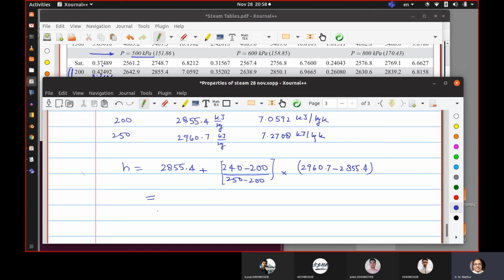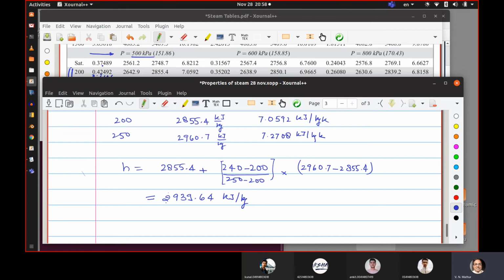It's 84.24, and this is to be added to 2855.4. That gives 2939.64. So this enthalpy is 2939.64 kilojoule per kg.